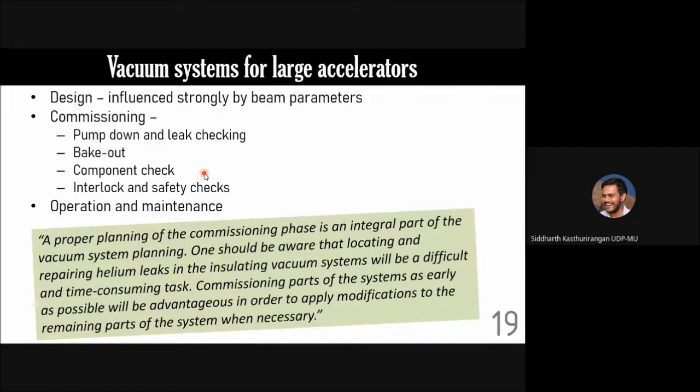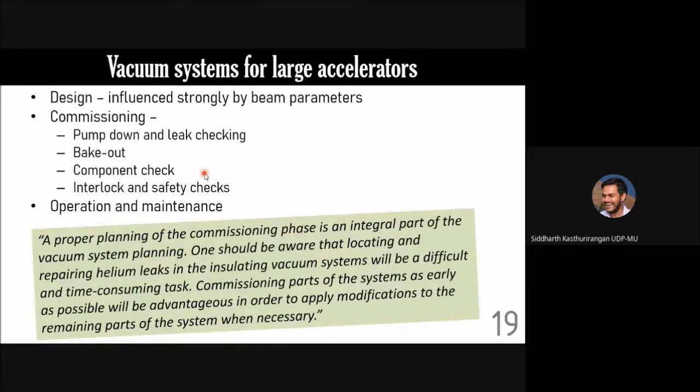So if there is some technical problem in one of them, if you design one part of the beam line and evacuate it and check it for leaks and then see whether the pressure is coming as predicted, and if it is not, then it will help you get that modification done so that the remaining part of the accelerator comes up to the standard which is required. That's what he means anyway.